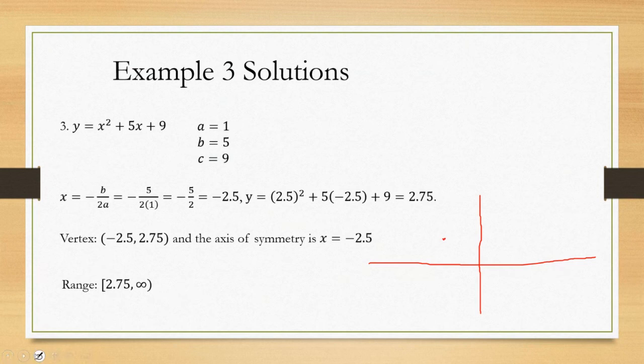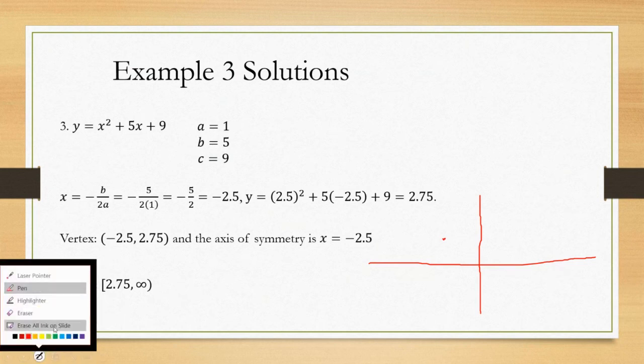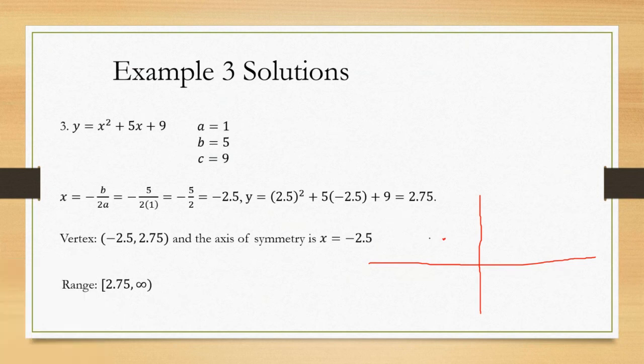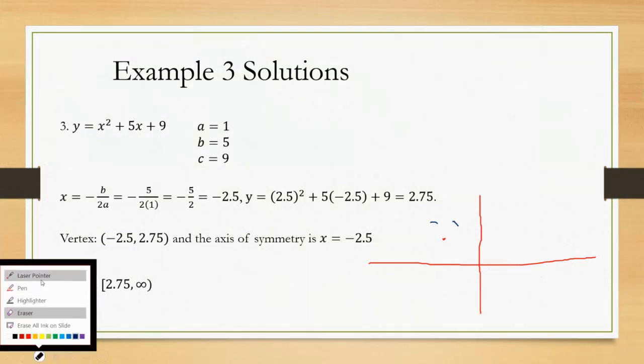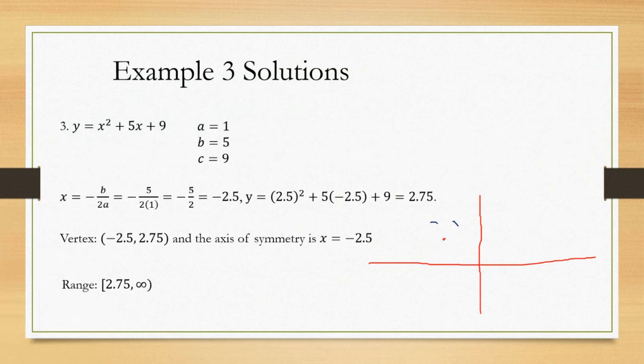Now, we know that A is positive, so this graph is going to go up. I don't know exactly where it's going to go. The y-intercept, it's got to cross the y-axis eventually. So let me just try and fix that a bit. Oh boy, I think I made it worse.